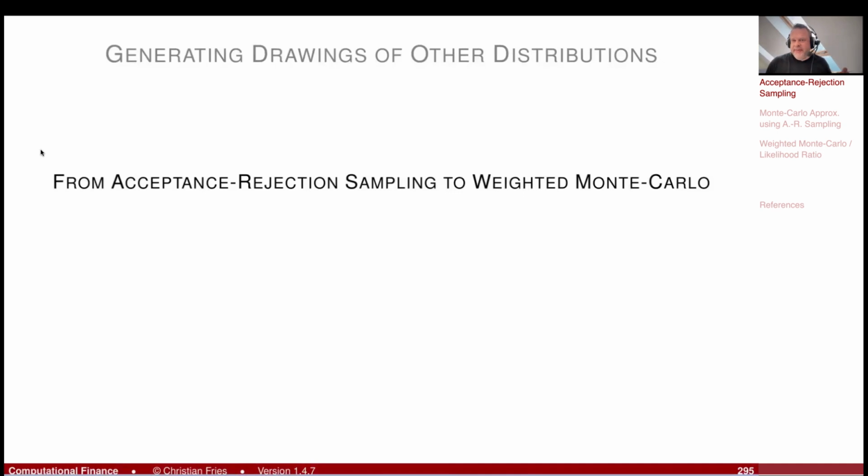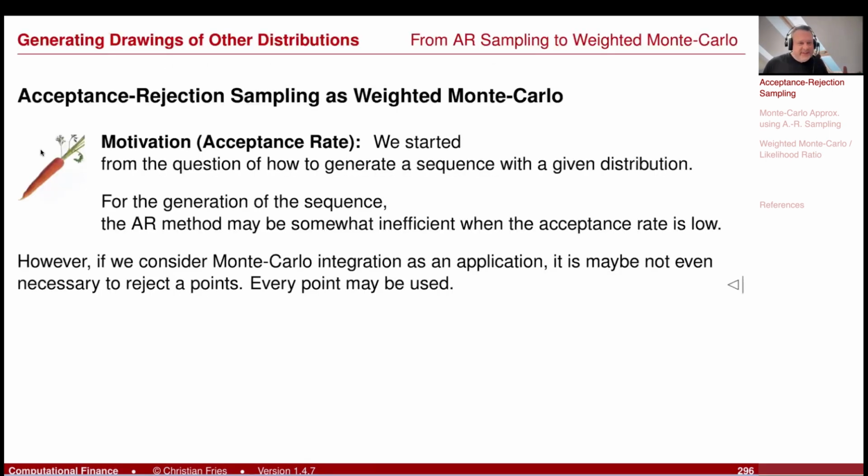So what happens if we use this method and generate a sequence that we will use in the calculation of a Monte-Carlo integral? We started with the question of how to generate a sequence with a given distribution.